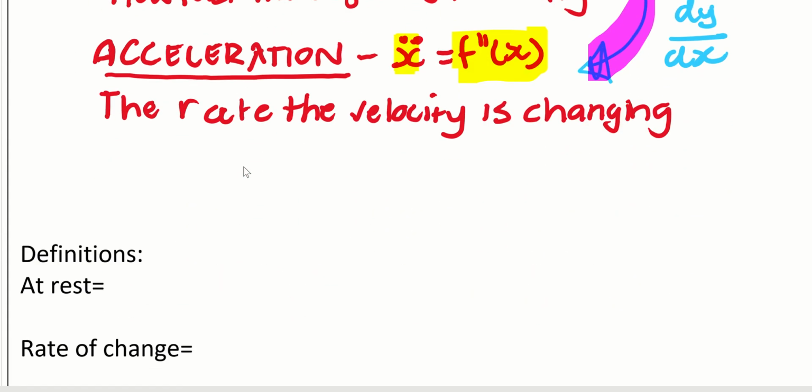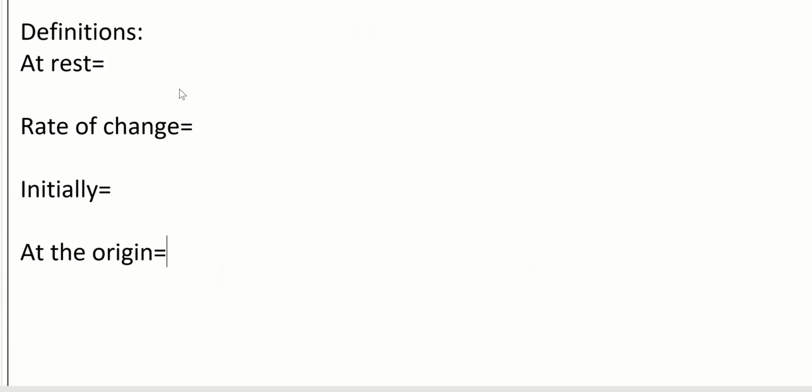So I like to talk about definitions when we're introducing this idea, because it can be a bit confusing, the terminology they use. So when we talk about something at rest, let's think about if your car is at rest. And if I was in person with you, I would say, what do you think that means? Does that mean the displacement would be 0?